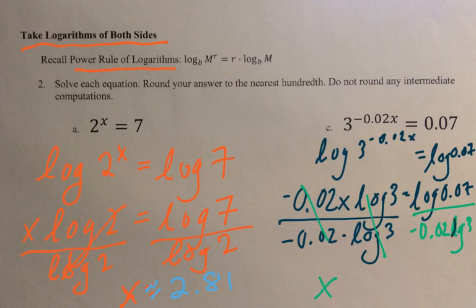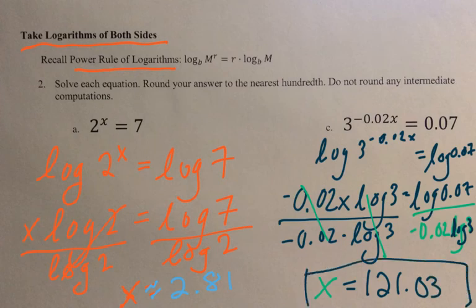So let me rewrite log so we can see that easily. So x is going to be equal to 121.03 when rounded to the nearest hundredths place. Now, one thing to note here, I can check my answer.